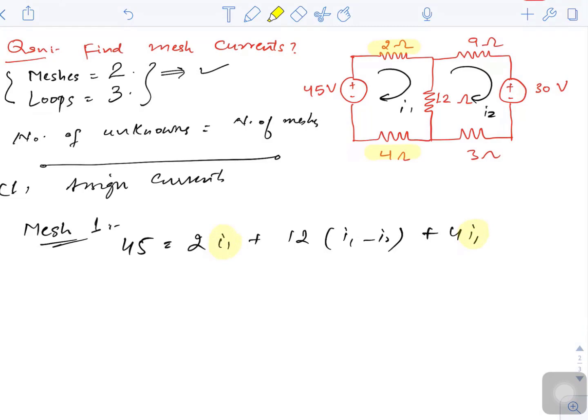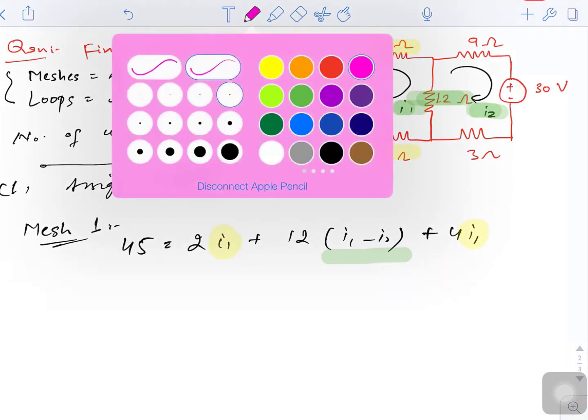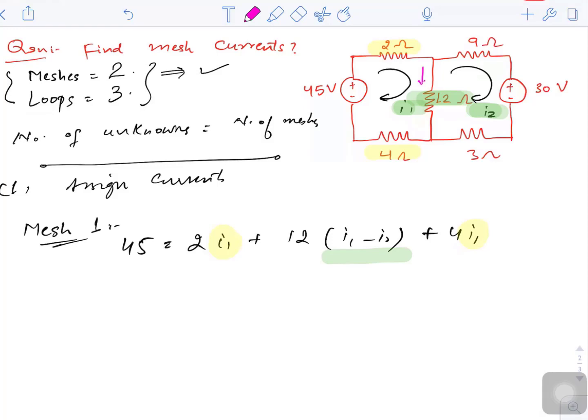And similarly, this particular resistor is common between I1 and I2, so both currents are involved here. The current directions are opposite. Your I1 is coming this way and your I2 is going upwards. And since my reference is mesh number 1, we should write I1 minus I2. So this is my first equation.